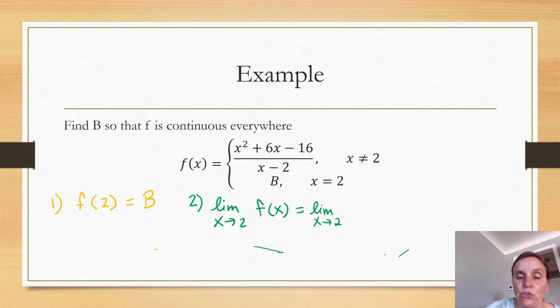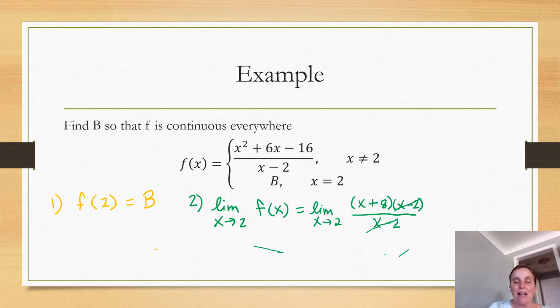X squared plus 6x minus 16 can be factored as x plus 8 times x minus 2. And that's going to be divided by x minus 2, which means that the x minus 2's can divide and make 1. And now I have a function that doesn't break if I plug in the 2. I'm not breaking math anymore. So if I plug in 2, I get 10.